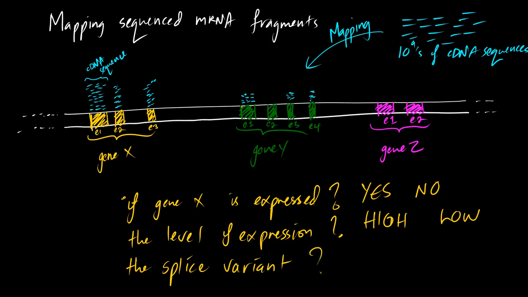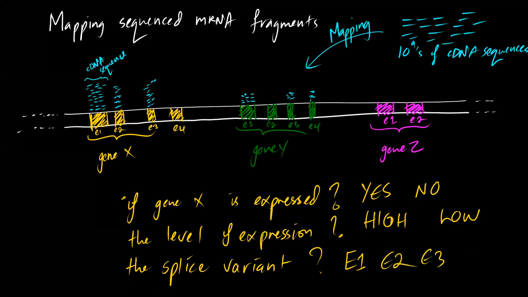Is it consisting of exon 1, exon 4, exon 2, exon 3, or exon 4?